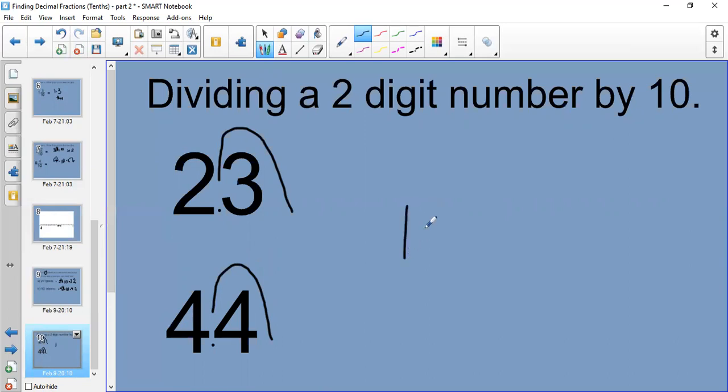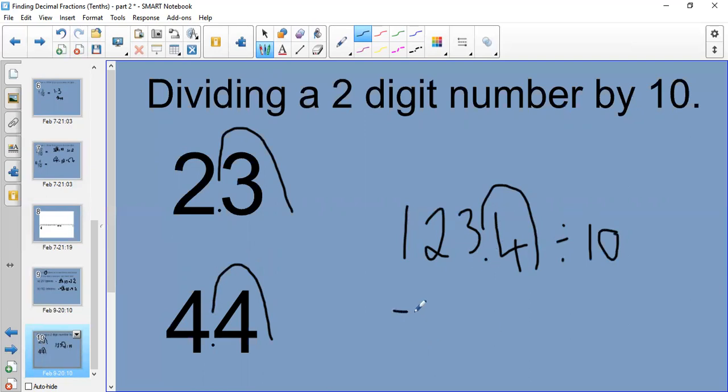What happens if you had a huge number like 1,234? Divide that by 10, okay? Your decimal point, again, only needs to move back one space. So it becomes 123.4.